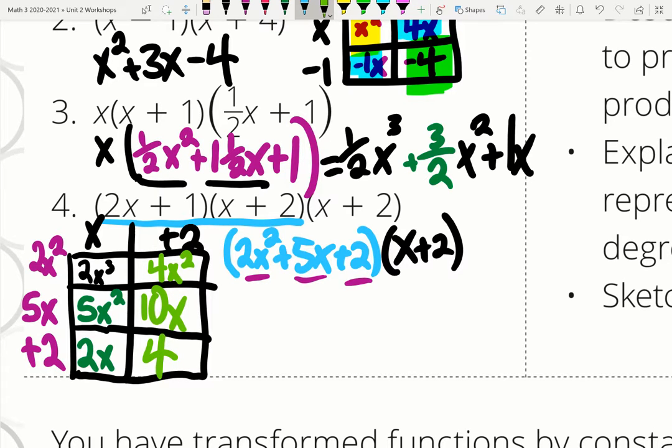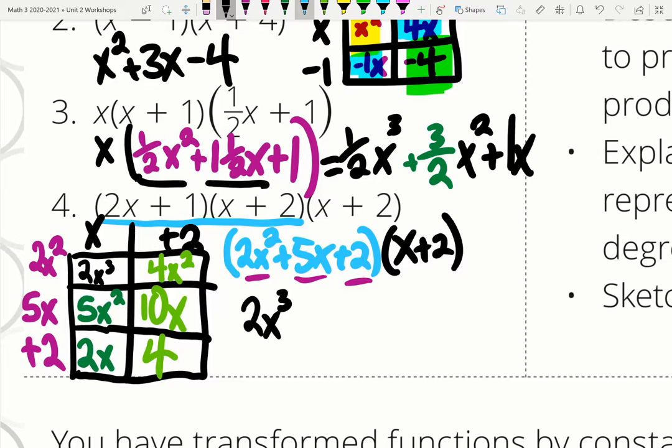Now, all of these terms are going to be my answer. Before I take the information out of the area model, I am going to take the opportunity to combine like terms. So, this is going to result in my leading term, 2x to the third. It's degree 3 because this is going to be the highest degree.